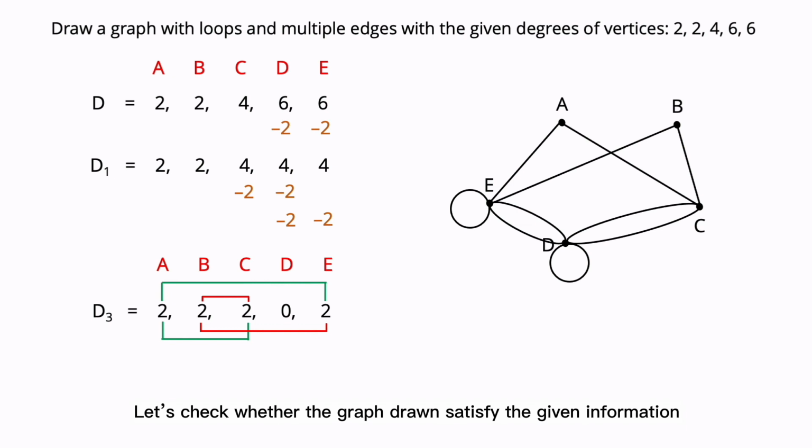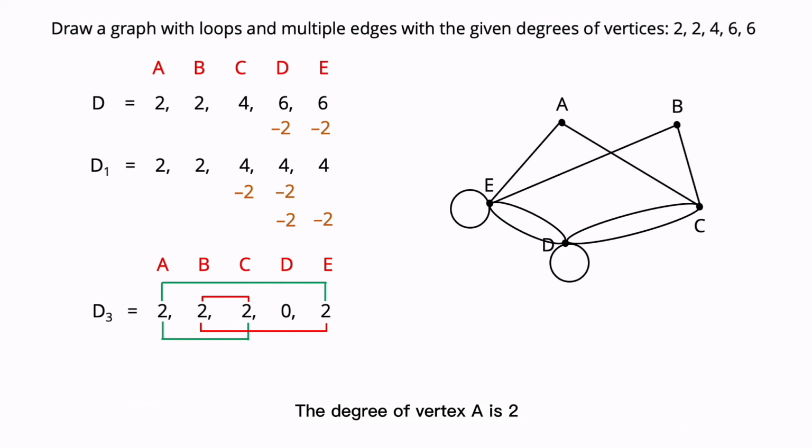Let's check whether the graph drawn satisfies the given information. The degree of vertex A is 2, 2 edges coming out from vertex A. The degree of vertex B is 2, 2 edges coming out from vertex B. The degree of vertex C is 4, 4 edges coming out from vertex C. The degree of vertex D is 6, 6 edges coming out from vertex D. The loop adds 2 to the degree: 2, 3, 4, 5, and 6.